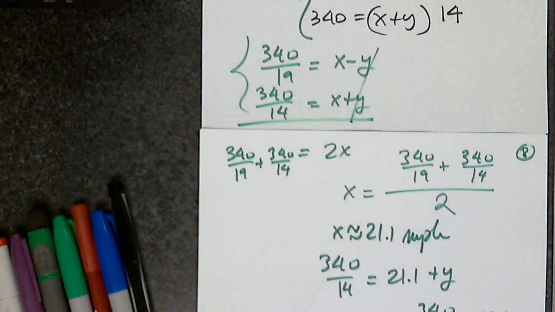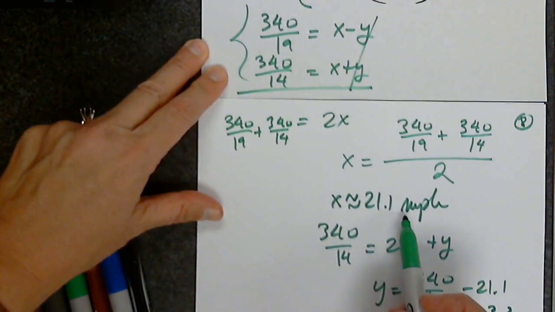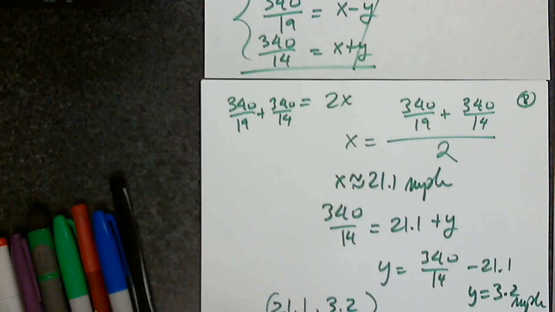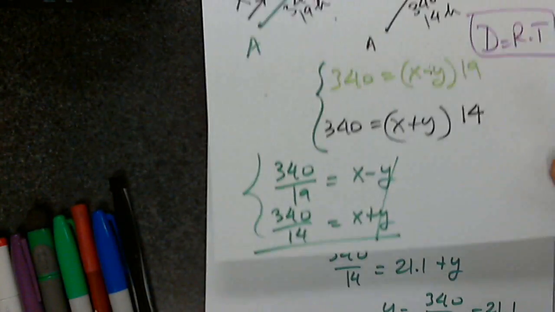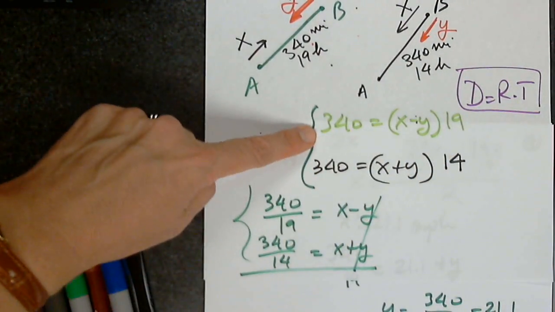So it happens that in this situation, the speed of the river is 3.2 and the speed of the boat is 21.1. So 21.1 comma 3.2, I don't trust it, at least not yet. So I will go back and check both equations and multiply by 19 and see if I get 340.